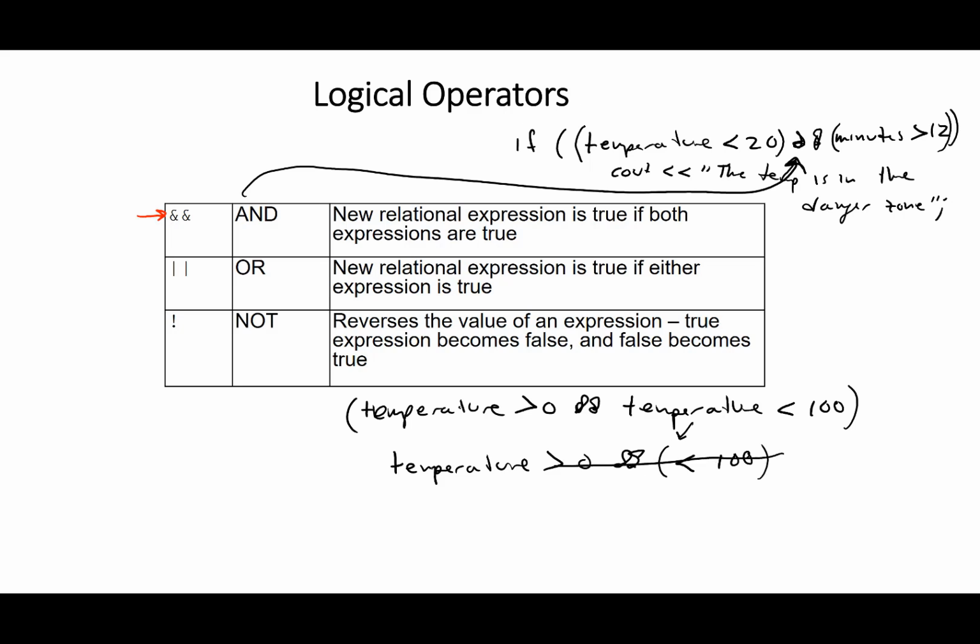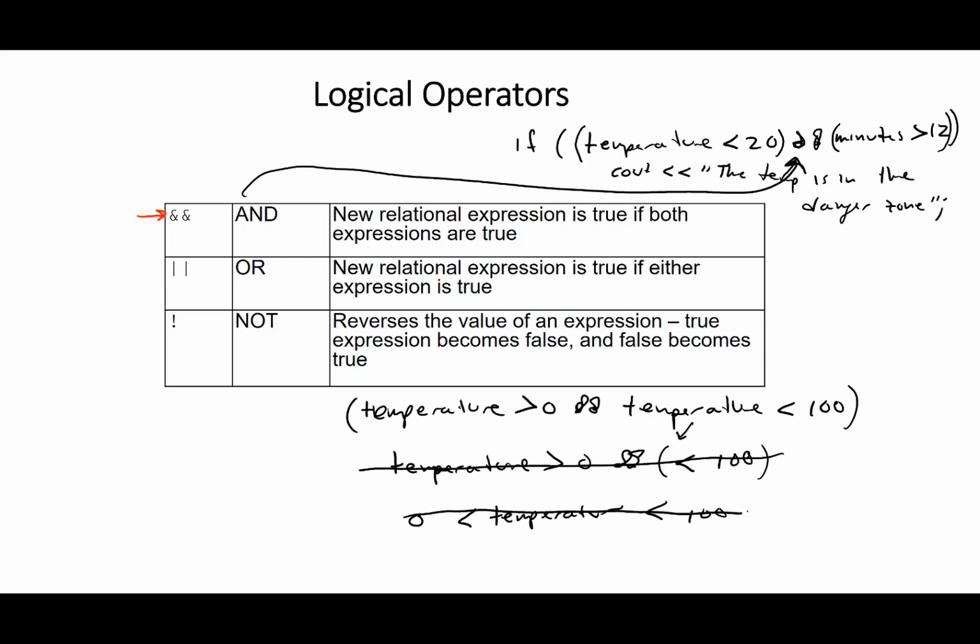So this won't work. Don't do that. Another example of that is, let's put our temperature greater than 0, less than 100. This also won't work, so you can't do it like this. Some languages I think you can, but in C++ you can't.